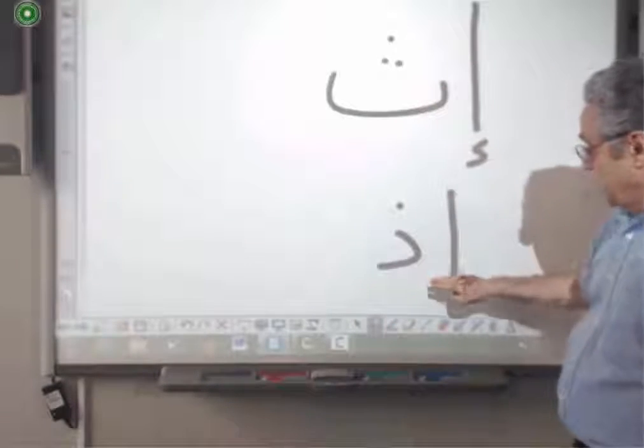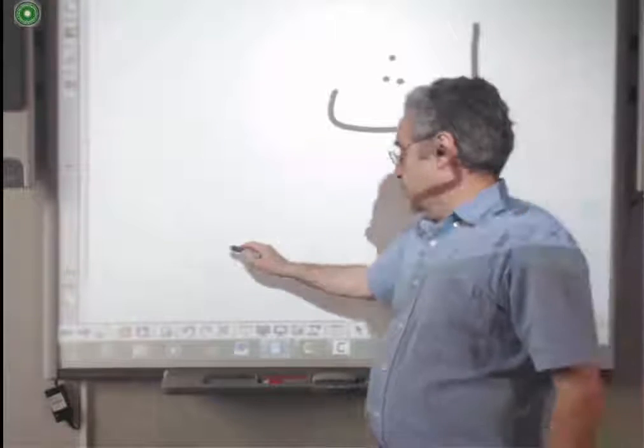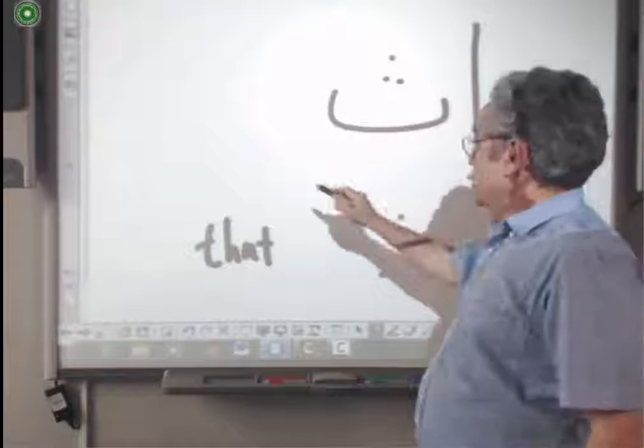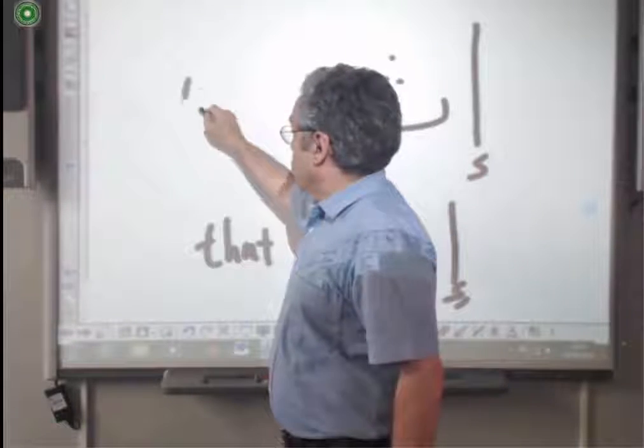So if, and maybe in English it sounds like that one, while ta, maybe you say through.